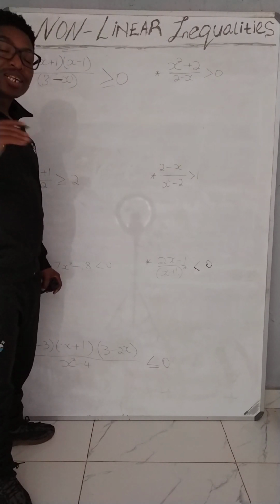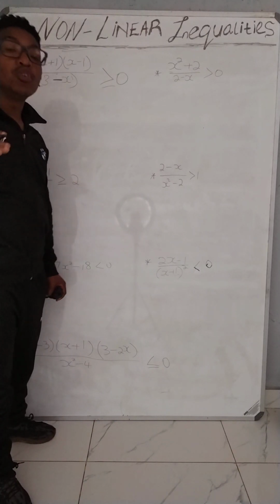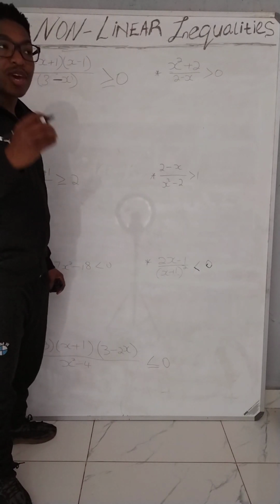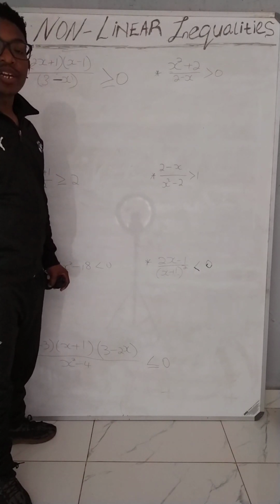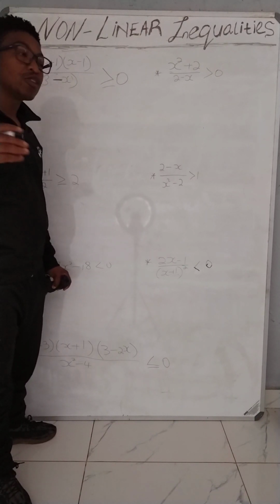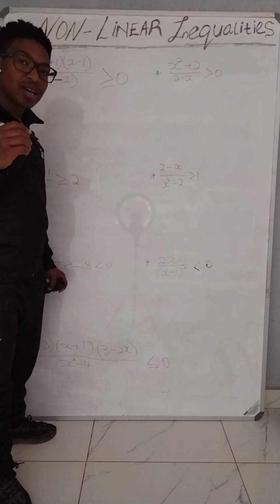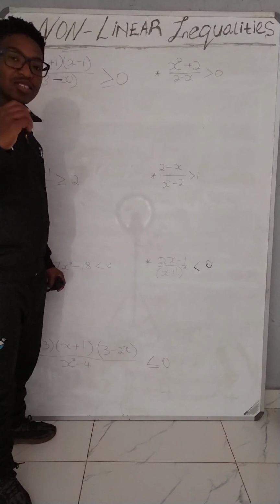If you have x or any variable, but you don't know whether it is negative or positive, you do not multiply with that factor, variable or term.